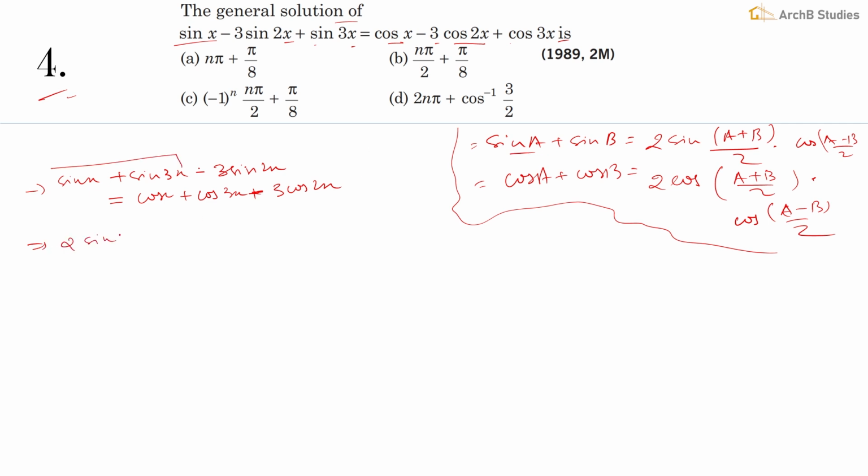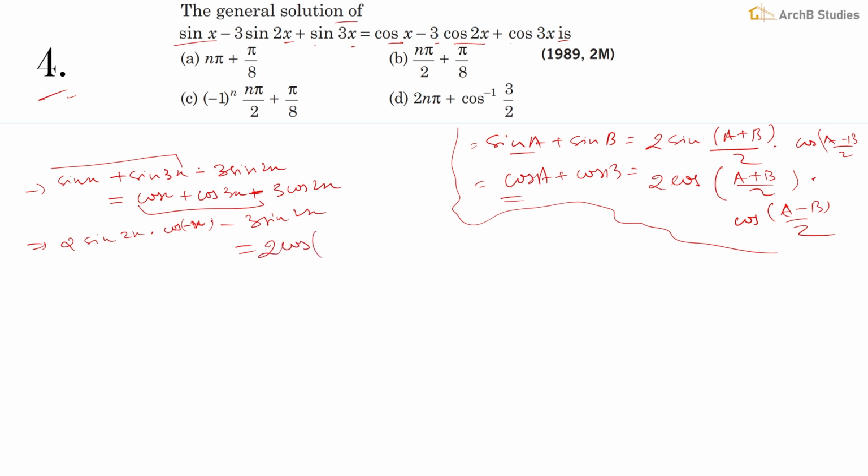So 2 sin of x plus 3x, 4x upon 2 is 2x, multiplied by cos of x minus 3x, that is minus 2x, minus 2x upon 2, minus x, minus 3 sin 2x.